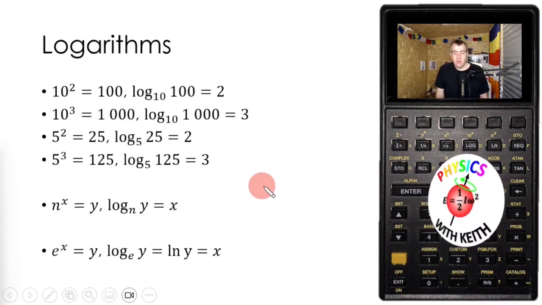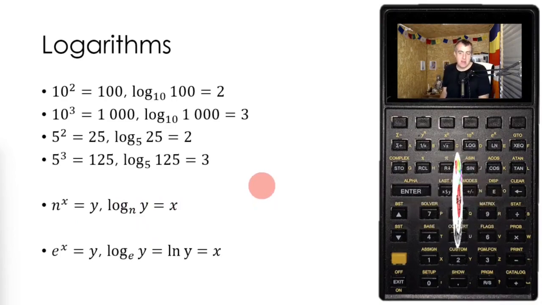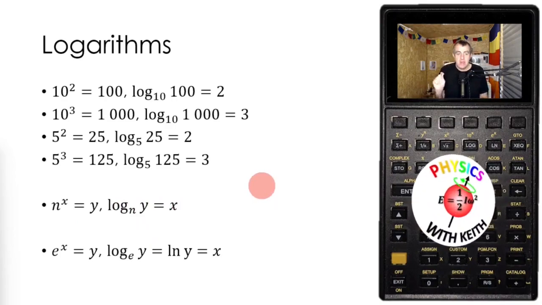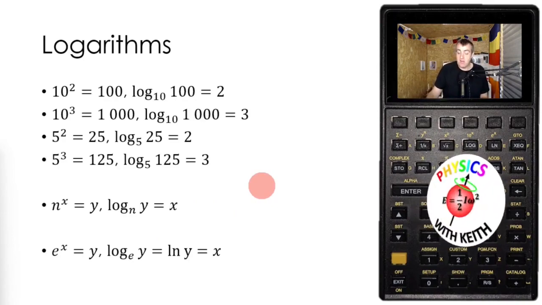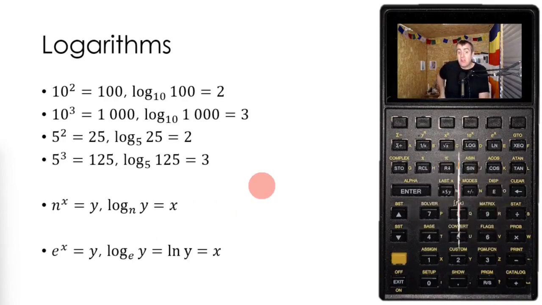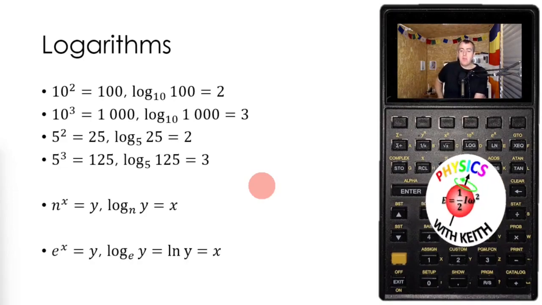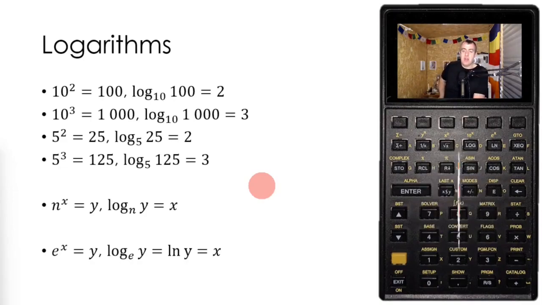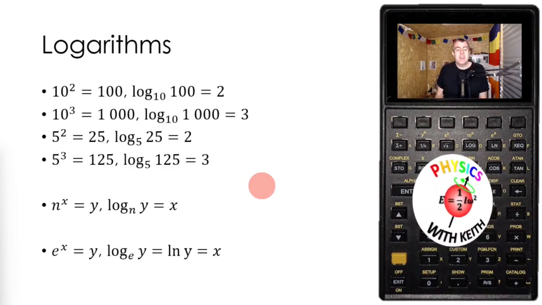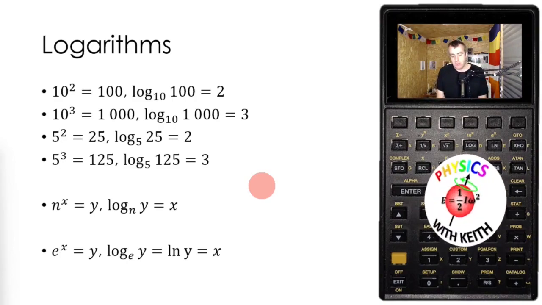Now that is true for any base, but e is a very, very special number, but it is just a number. e, Euler's number, to the power of x equals y, that's what we call the natural logarithm.